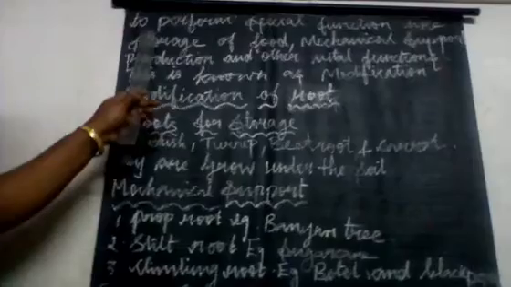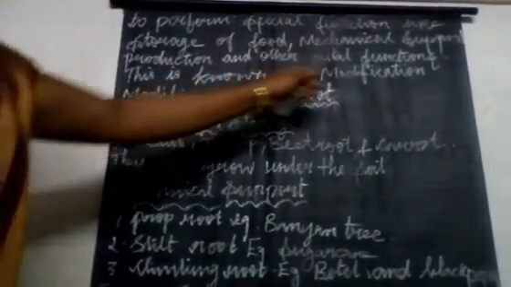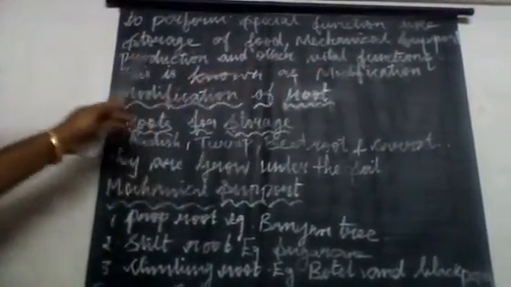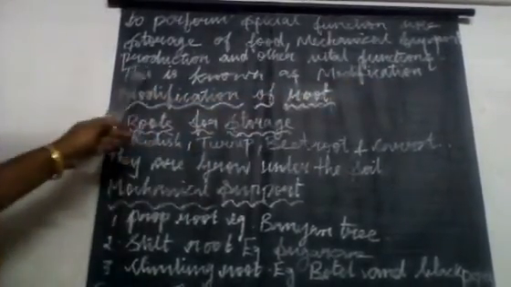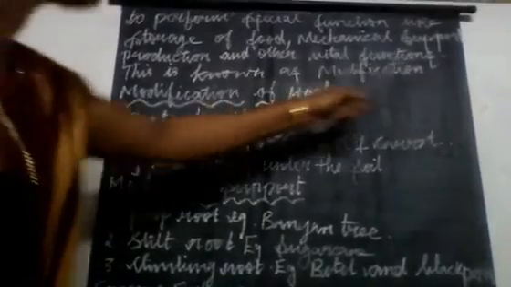Modification of plant parts. In some plants, roots, stem and leaves change their shape and structure to perform special functions like storage of food, mechanical support, protection and other vital functions.